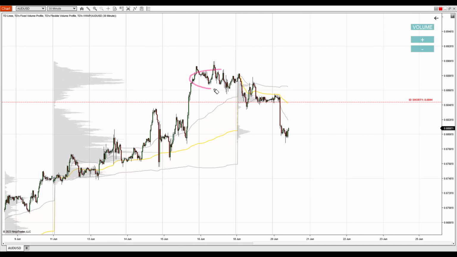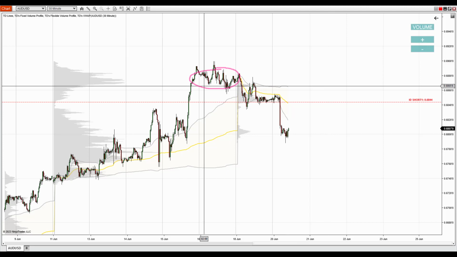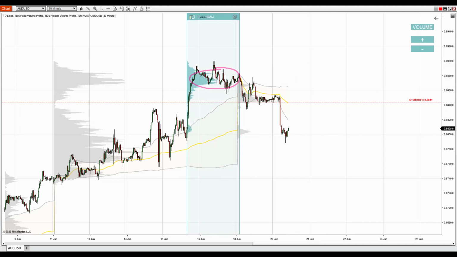First, rotation with heavy volumes. And from this rotation with heavy volumes, strong selling activity. This is a sign of sellers.